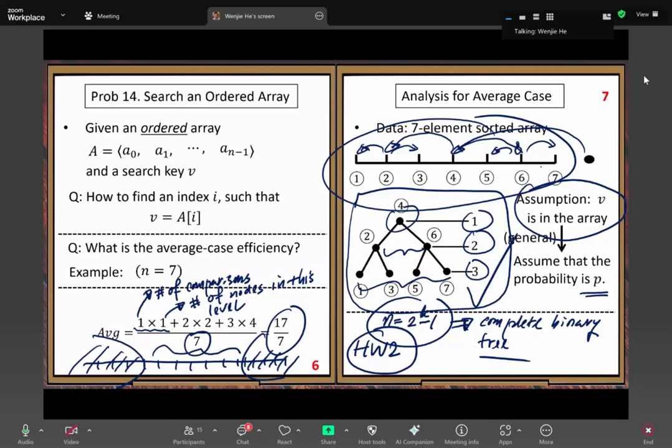But in our questions, one in the homework assignment number 2, and another one probably in the final. But in the final, I may not include that question. So if you do well in the homework assignments, then in the final, I will not give you that question again. All right. So that's this topic.